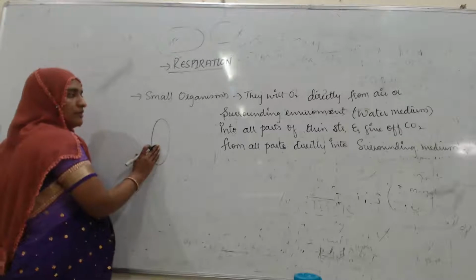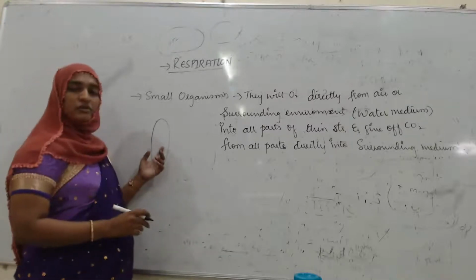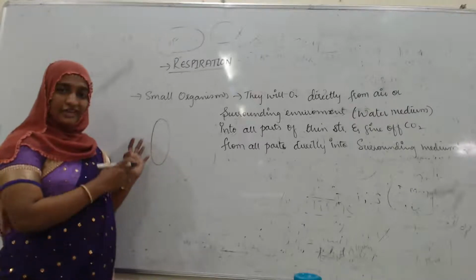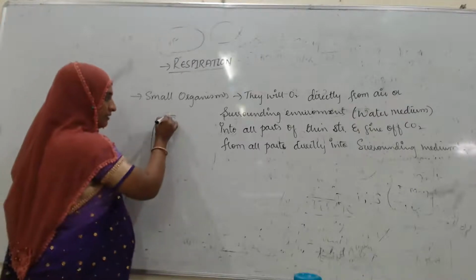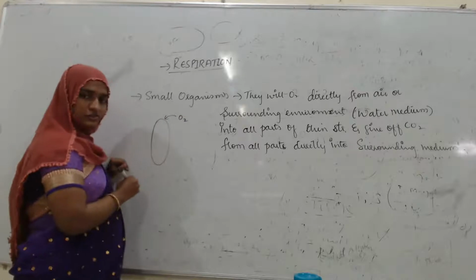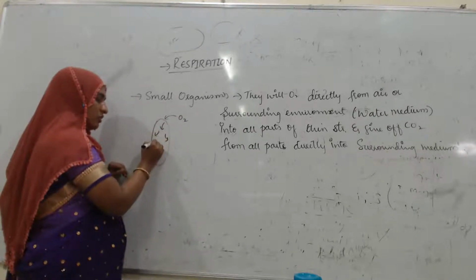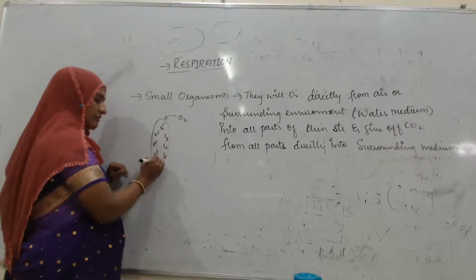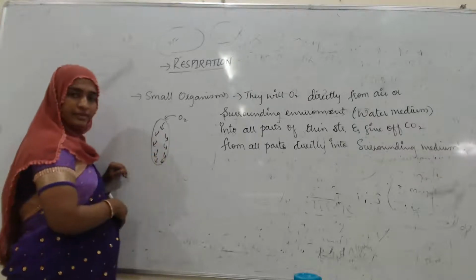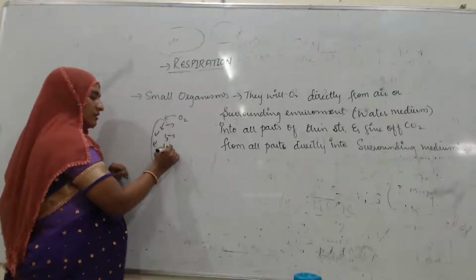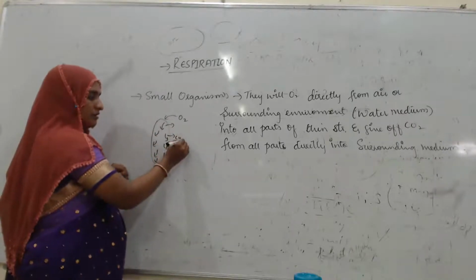So, this insect, or this small organism, if it is terrestrial, means directly they will take in the oxygen, and directly that oxygen is going to be supplied to all parts of the body like this. Then directly from the body they will give out the carbon dioxide.